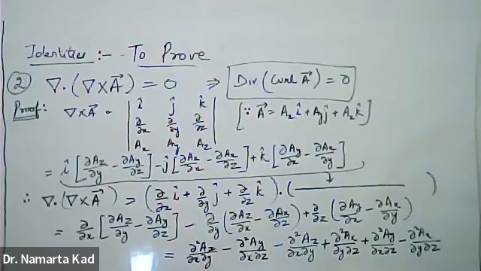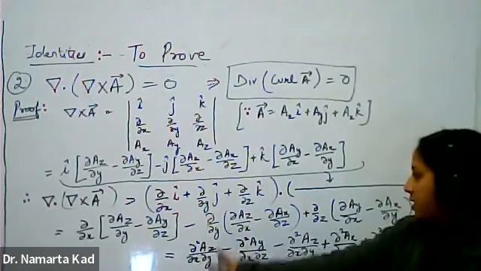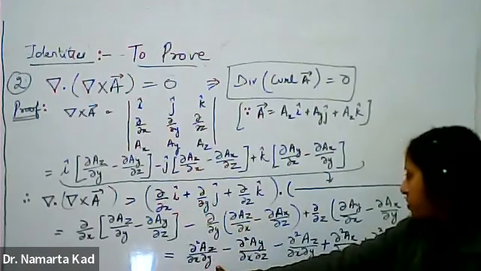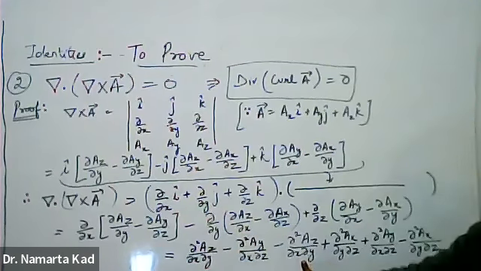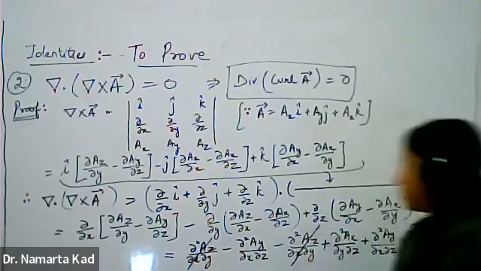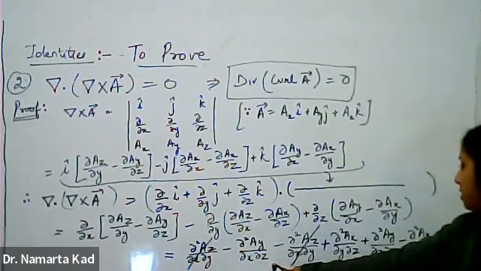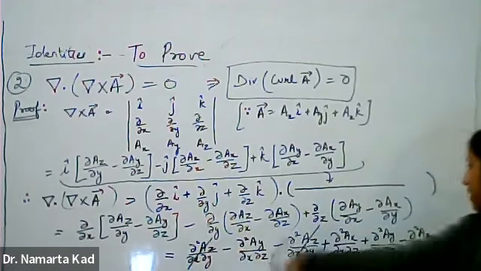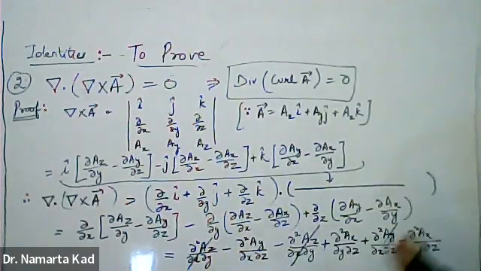Okay, now just see the common terms, like here it is curly square az by curly x curly y with the positive sign and the same quantity with the negative sign also. So cancel out these two. Then curly square ay by curly x curly z, here it is with negative sign and here it is with the positive sign.